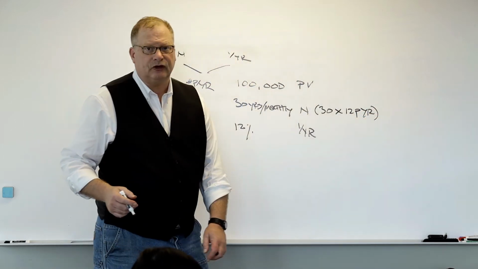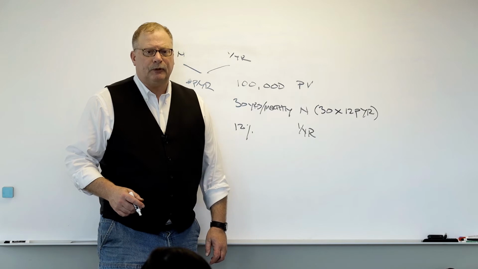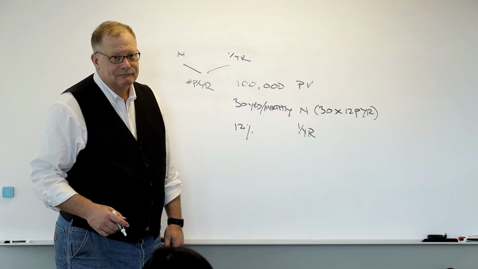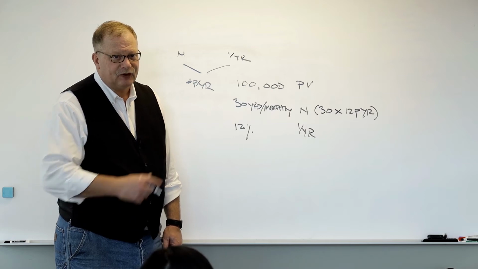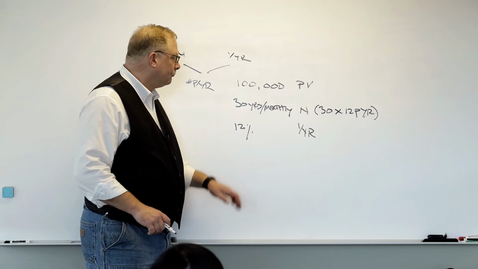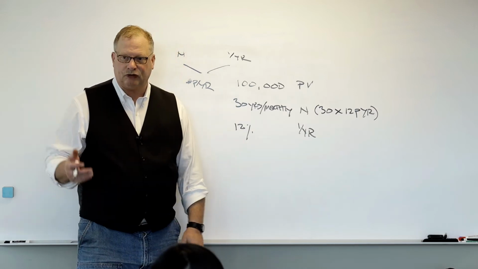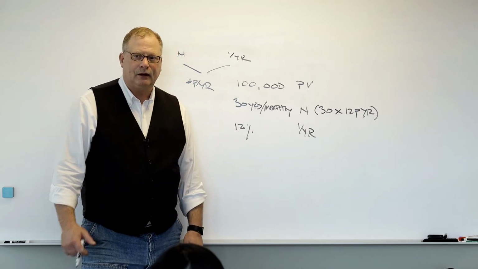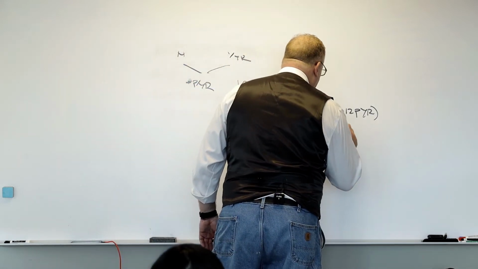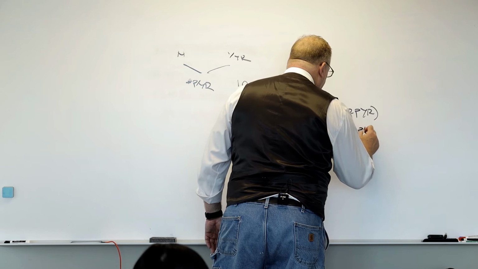Then the follow-up question is, what would be your interest rate per payment? You have a 50% chance of getting it right. If your interest rate is 12% per year, what's your interest rate per payment? Not 12%. 1%. Or 12 divided by 12 payments per year.